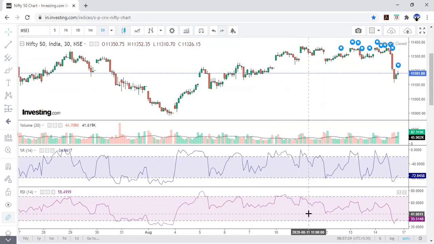The momentum of both charts is almost the same, but whenever you require some immediate position and initial signals, then Williams percent R is more initial, like you can check here.